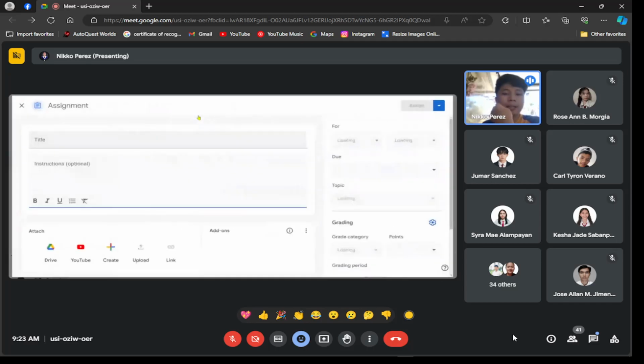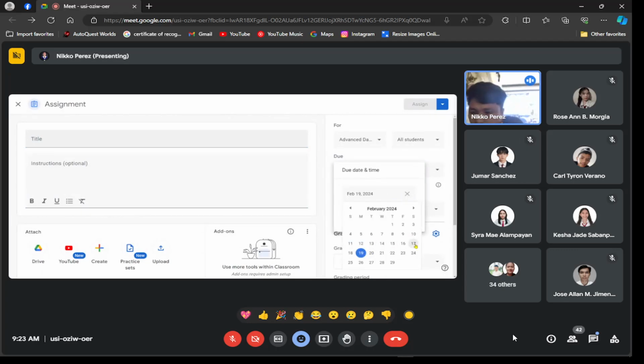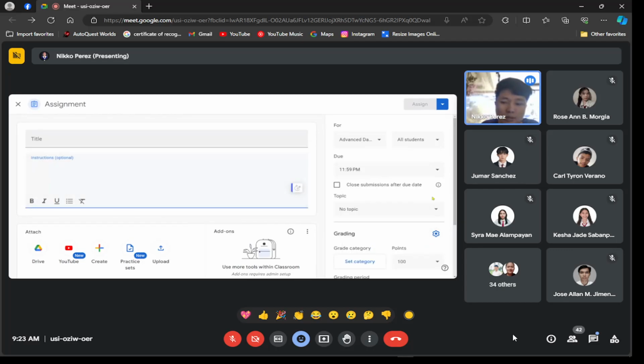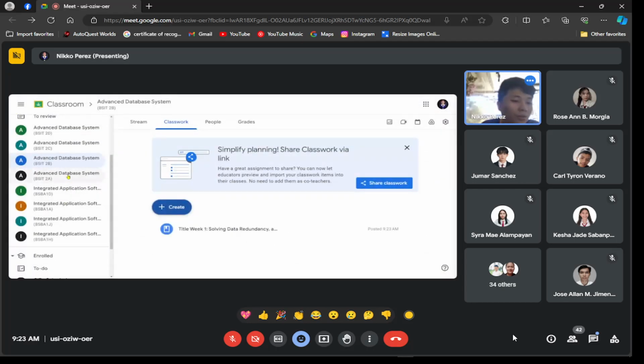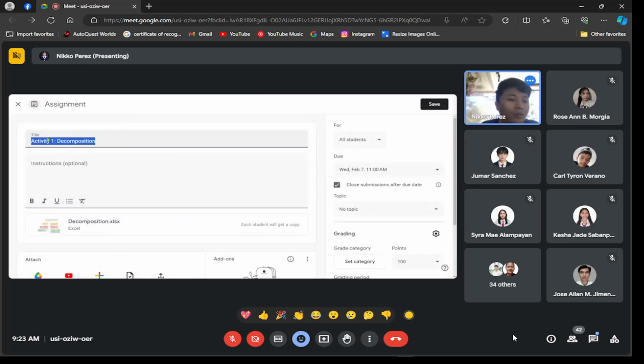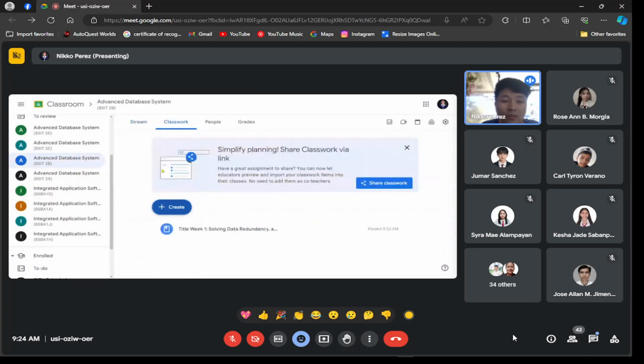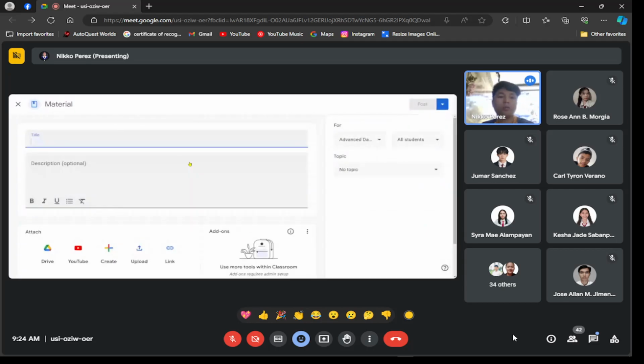So I will be creating this one as your assignment, kay mag-deadline ko the same day. Ay, kalayo ba? Saturday tayo ngayon, 17. So mga taod-taod ako na iset unya. Ay saglit. 2A. Activity 1, decomposition. Activity 1, decomposition.